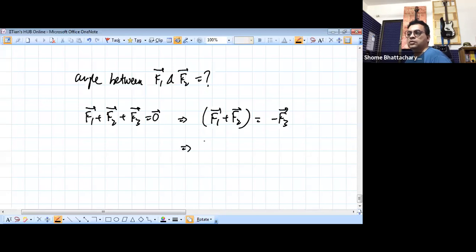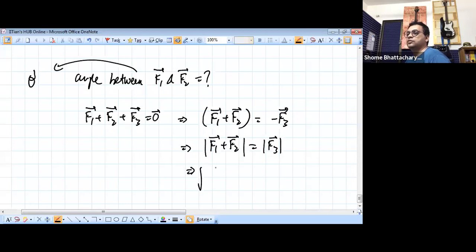So mod of F1 plus F2 is equal to mod of F3. If the angle between them is, let's say, some theta prime, then square root of F1 square plus F2 square plus 2F1F2 cos of theta prime, that angle between these two, is equal to F3's magnitude.